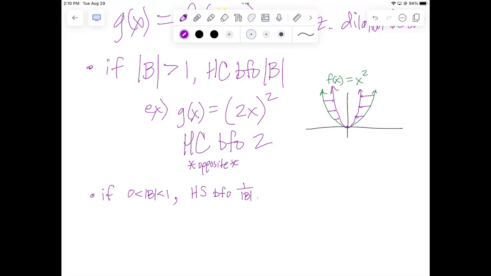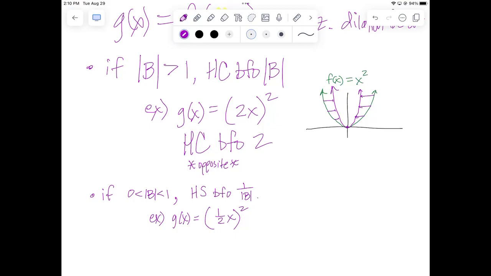Here's an example. g of x equals (1/2 x) quantity squared. So if you walked up to this problem, you'd see the squared function there, but on the inside with the x, you'd see a multiplier. That means right away you know it's going to be a horizontal stretch or compression, one of the two.